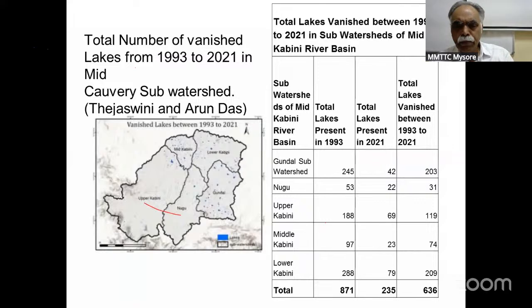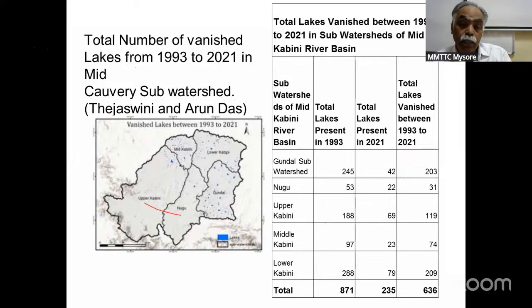So the reasons I have worked out, let me go into that. What are the reasons for this desertification? Just check with the dried lakes. If you look at the Kabini watershed, the sub-watershed of Kabini, earlier in the 1990s, there were 871 lakes. Whereas today, there are only 235 lakes, nearly 636 lakes have dried. What is the reason?